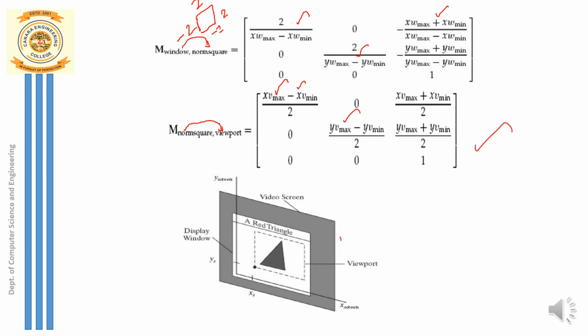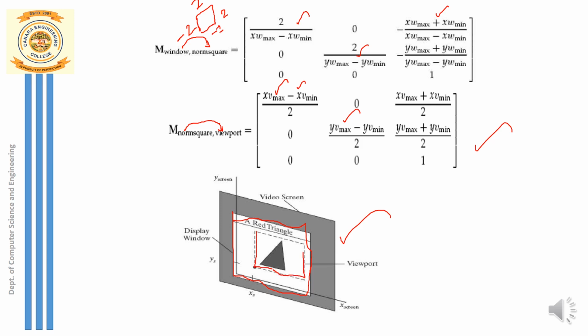And you can see finally the output image. This is actually the screen, and in the screen you have a small rectangle. You can see one portion of the screen which is acting as a display window, and inside that display window, by default the entire space of the display window you can take as a viewport, or else you can define a viewport inside this display window.